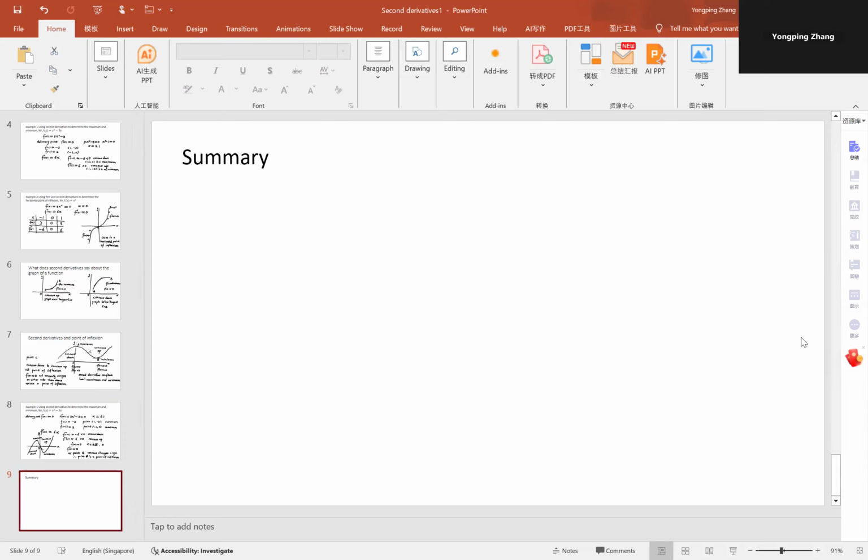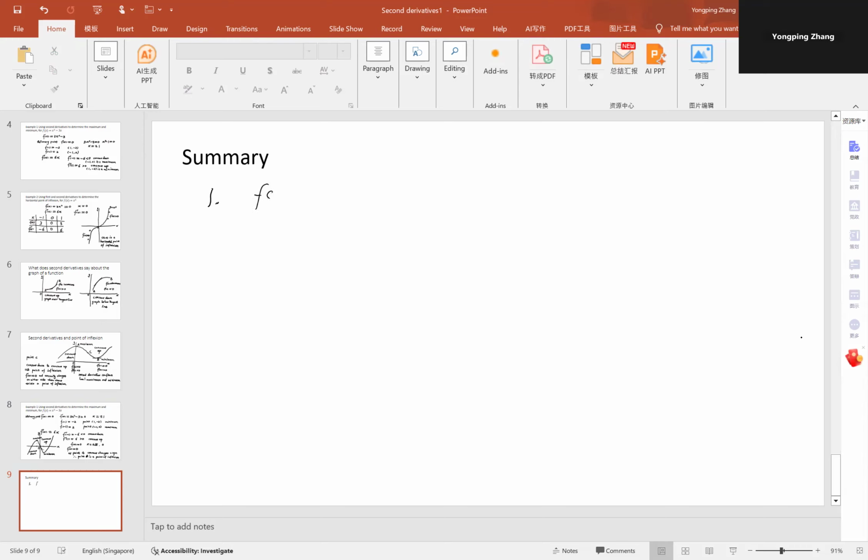So for this topic, we can give a summary. The first part is to use the second derivative to determine the maximum or minimum.